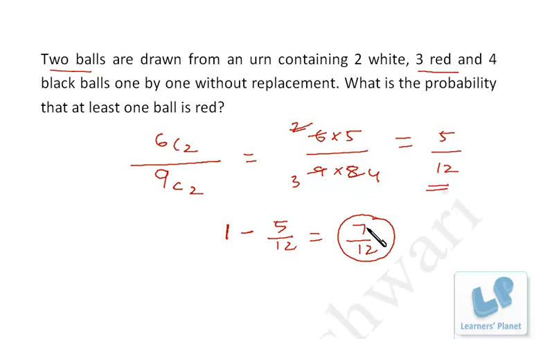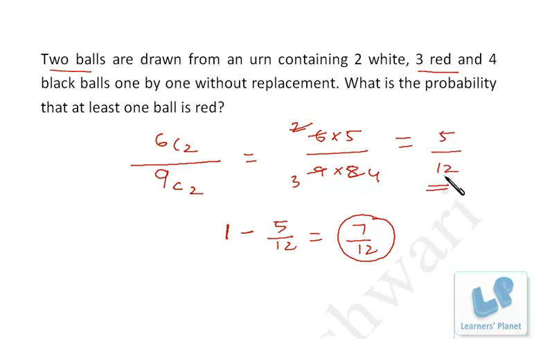So what did we do actually? Out of 9 balls we have to draw 2 balls, and in the numerator the favorable cases which we took is not even a single ball is red. That means all the balls are either white or black. So we draw 2 balls from the 6 balls which are white and black. So this is the probability of getting balls to be white or black but not red.